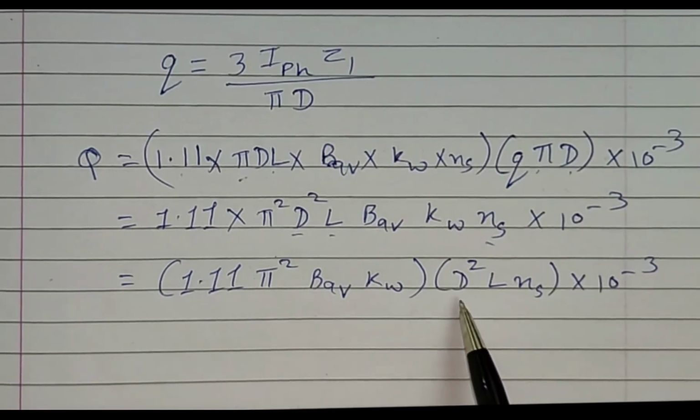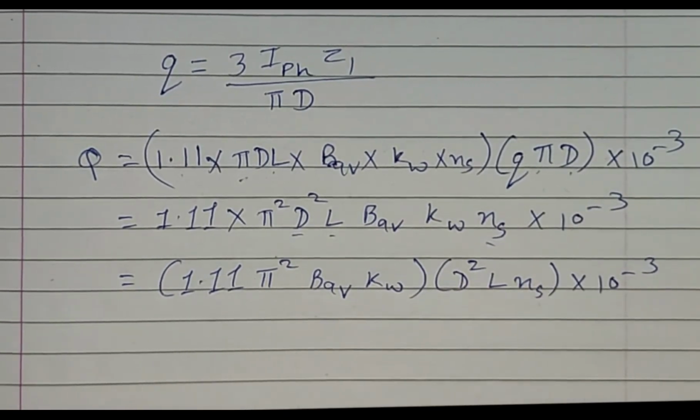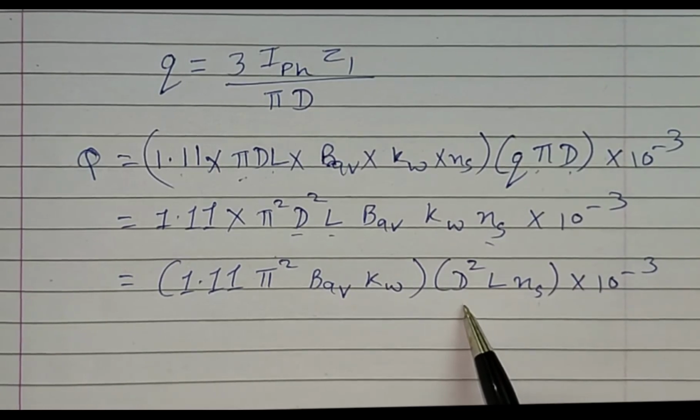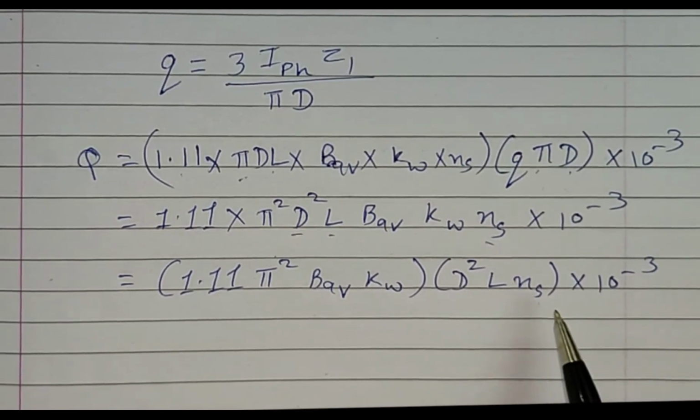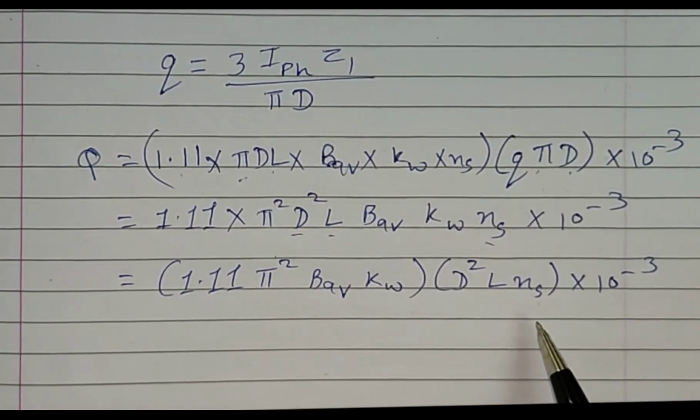Because these are the main parameters on which the output depends, where D is nothing but the internal diameter of the stator, L is the gross length of the stator, and as said before, ns is the speed of the machine in rps.